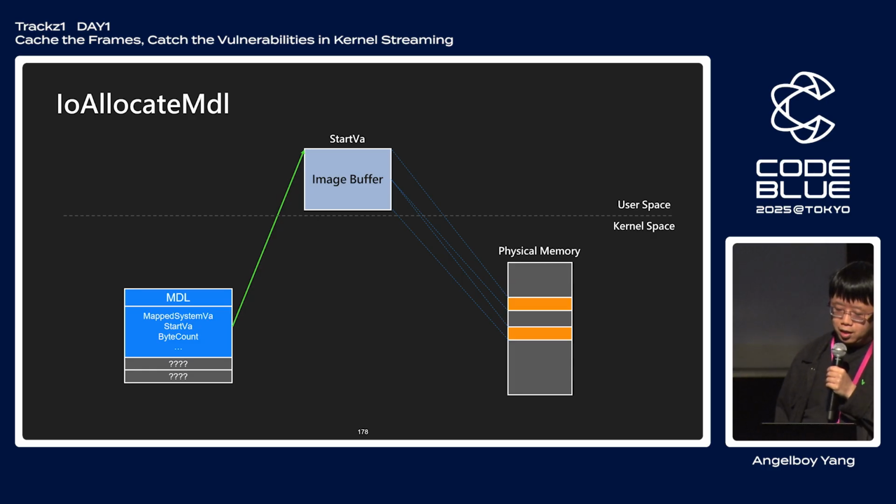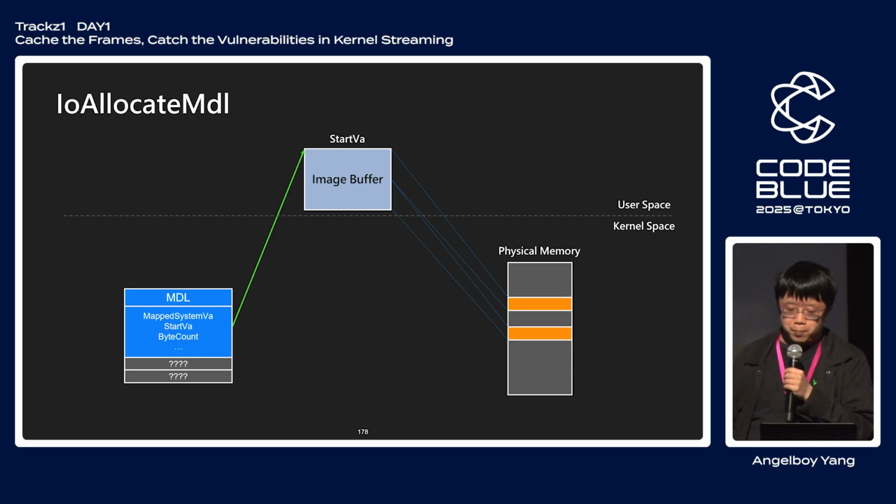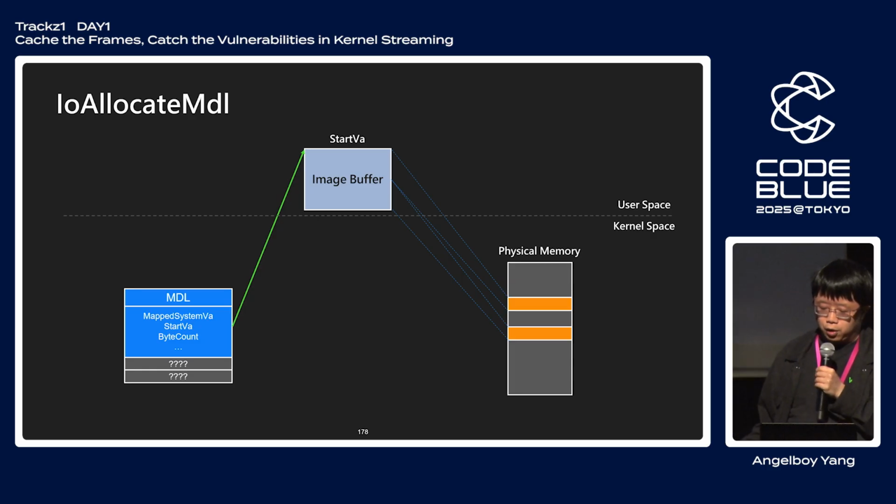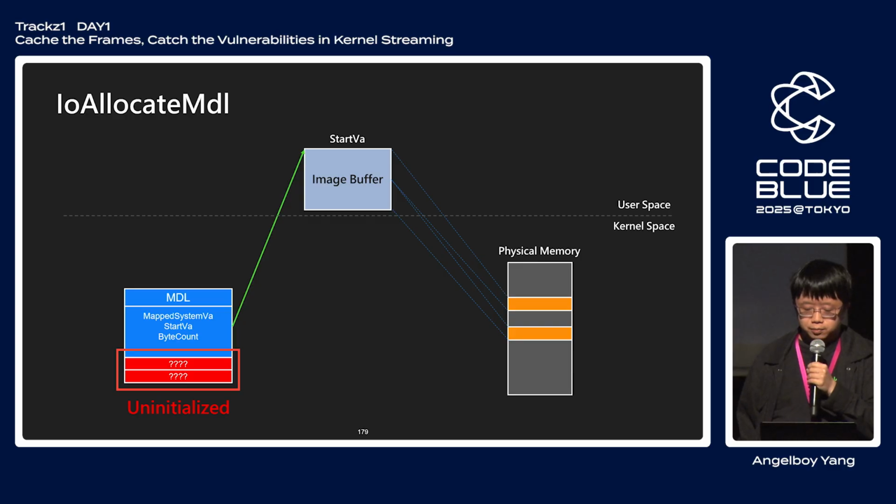Here's a quick breakdown using a diagram to explain what happened. First, IoAllocateMdl is called to allocate the MDL structure and initialize some basic information. At this point, the PFN array in the MDL is uninitialized data.